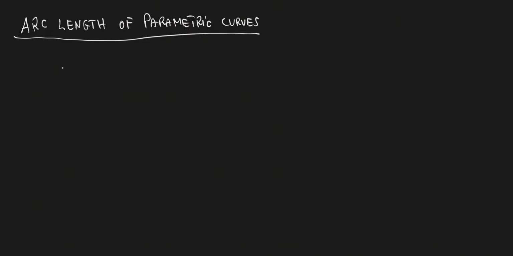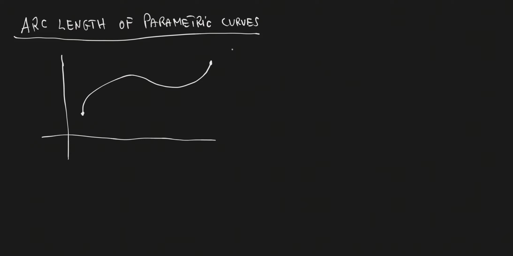So just a reminder, again, always nice to start with the picture. Let's say we have a nice differentiable curve, and this curve could either be given explicitly as y as a function of x, or explicitly x as a function of y.